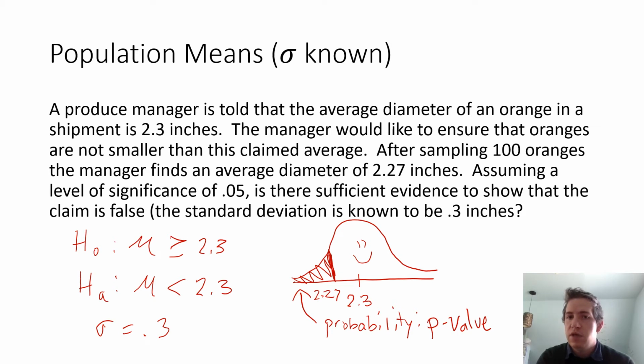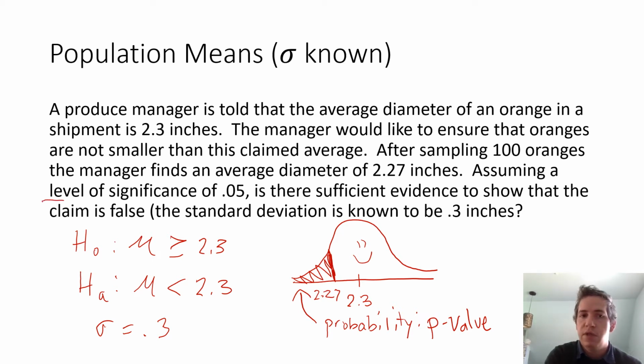And the level of significance is kind of like our breaking point. The level of significance is the allowed probability. If the p-value is lower than that, then the assumption is that the null hypothesis is false. So the level of significance is the allowed probability that we will allow something as low as that. Otherwise, we assume that the null hypothesis is false, and we reject that null hypothesis.